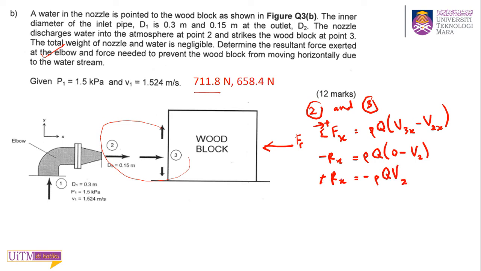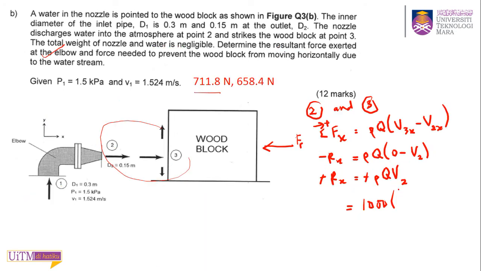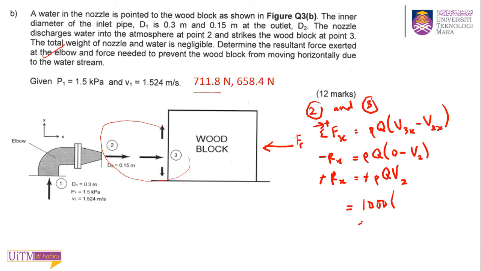Okay, so you can cancel out the minus, you can calculate from this rho 1000 and your Q, your Q is this one sama lah dengan ni, rho Q V2 juga kan. Okay, so the answer should be 656.5 lah. Okay, 656.5 and this direction you assume ke sana and this is positive, so that means your assumption is right.